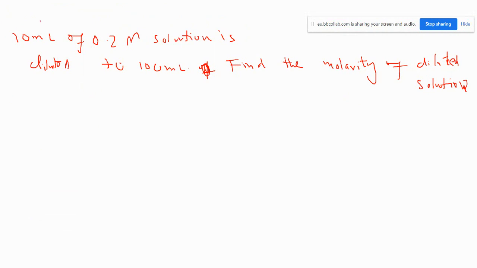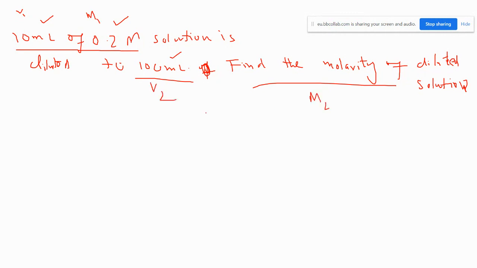We have a solution. We take 10 ml. What is the molarity? 0.2 molar. This is our solution number 1. And we dilute it to 100 ml. This is solution number 2. Find the molarity of the dilution. It means M2. This is V1. This is M1. And this is V2. And this is M2. Now you will use the same thing. M1 V1 is equal to M2 V2.